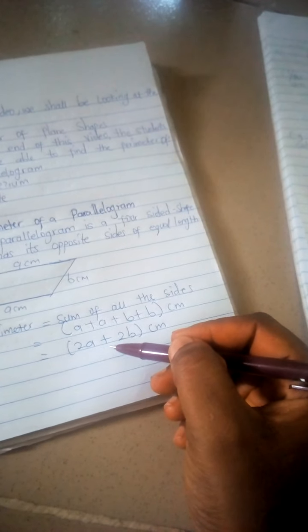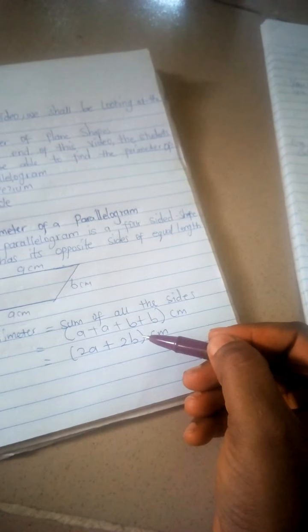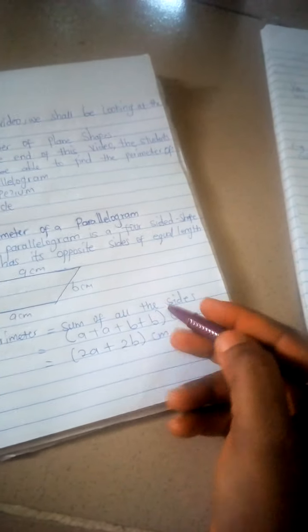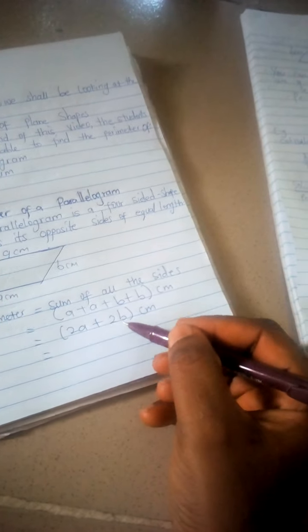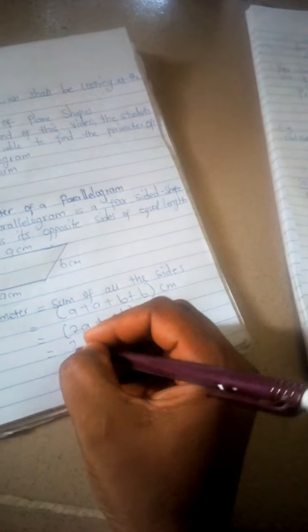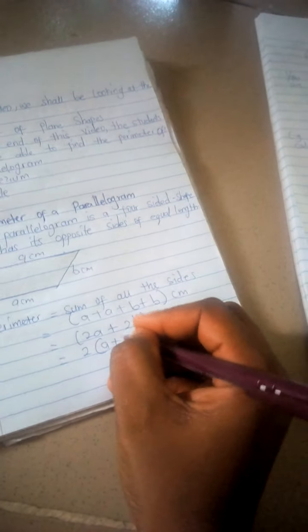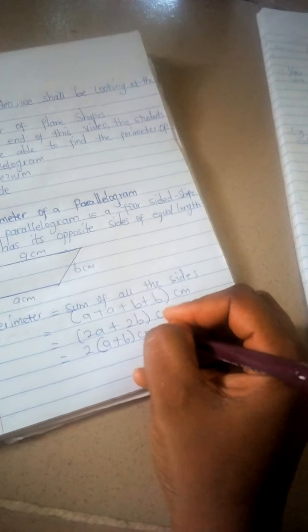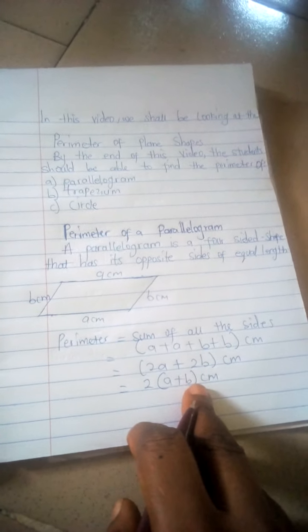No way, it cannot work, because a and b are unlike terms. Okay, let's continue. Now, what is common there? 2 is there, so bring out 2 as the common factor. Left is a plus b, in centimeter. That is the formula for the perimeter of a parallelogram.